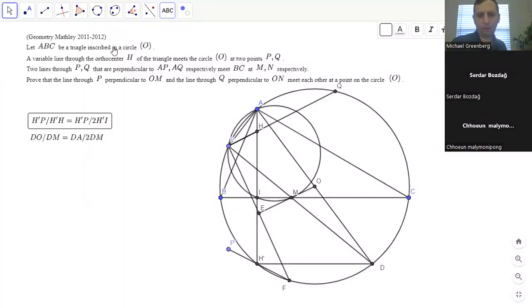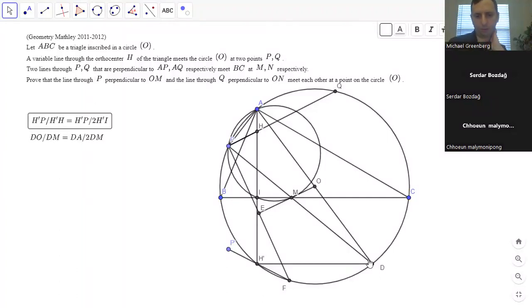I wonder if there's an easier way to think about this. Basically, we're saying there's a spiral similarity. So triangle PIH prime is similar to triangle AMD.